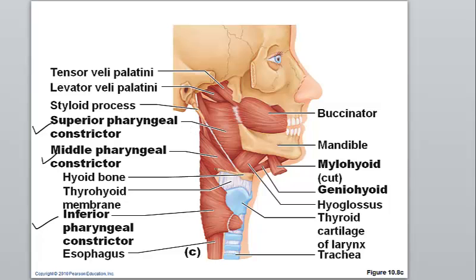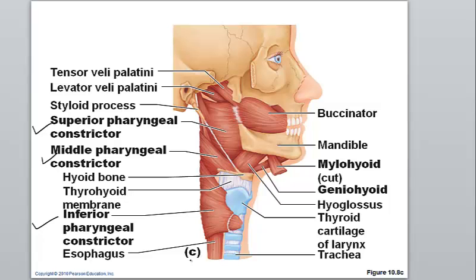Initially the pharynx is opened upwards to receive the food. Once it is received, it has to push it downwards. How does it push it downwards? By constricting these pharyngeal muscles. It pushes the food downwards so it can pass to the esophagus. That's basically how your pharyngeal constrictors help in swallowing of the food itself.